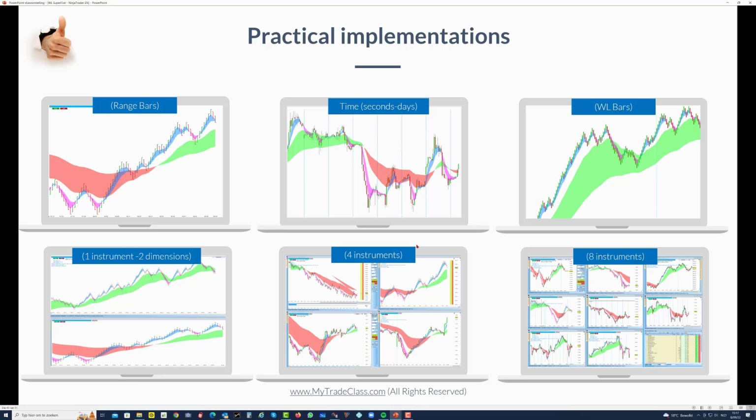Now, I just want to give you some ideas about how to implement this practically, what you can actually do with this on a daily basis. Of course, you can trade with this on movement candles, range bars, WL bars, seconds, minutes, hours, days. That is all possible. Some people are day traders. They only trade the Nasdaq or the S&P, or others might just trade Tesla or Apple.